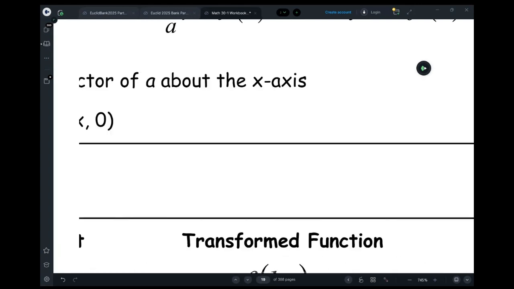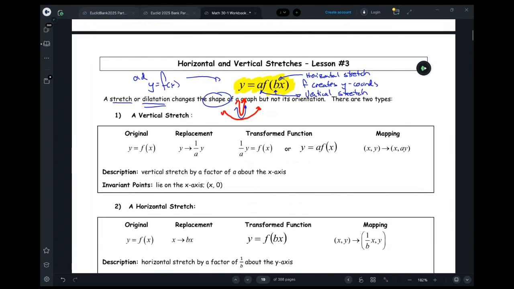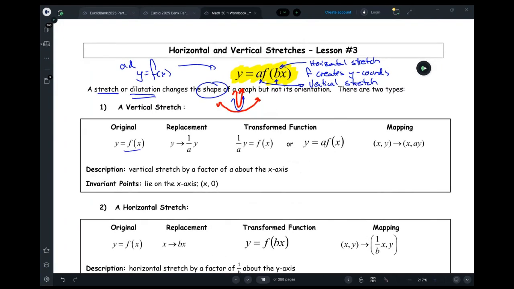So let's start talking about the stretches individually. We start with our original function, y equals f of x. In that function, we're going to replace y with 1 over a times y. For example, we might replace it with 1 over 2y. I know that looks like we might be making it more complicated by replacing the y with a fraction multiplied by y, but here's what's going on.